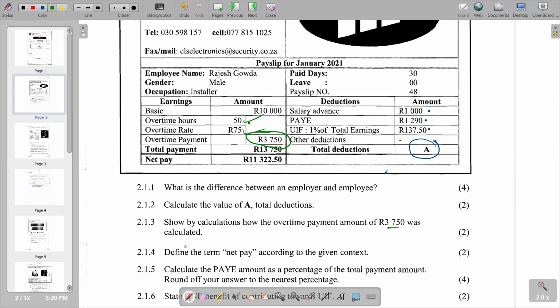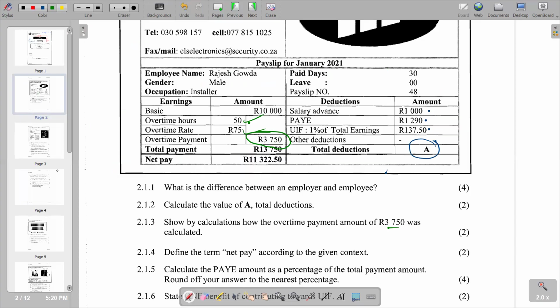We go to the next one, define the term net pay according to the given context. Obviously, net pay is the gross salary minus total deductions. We are saying the salary minus total deductions, then you are supposed to get your net pay.